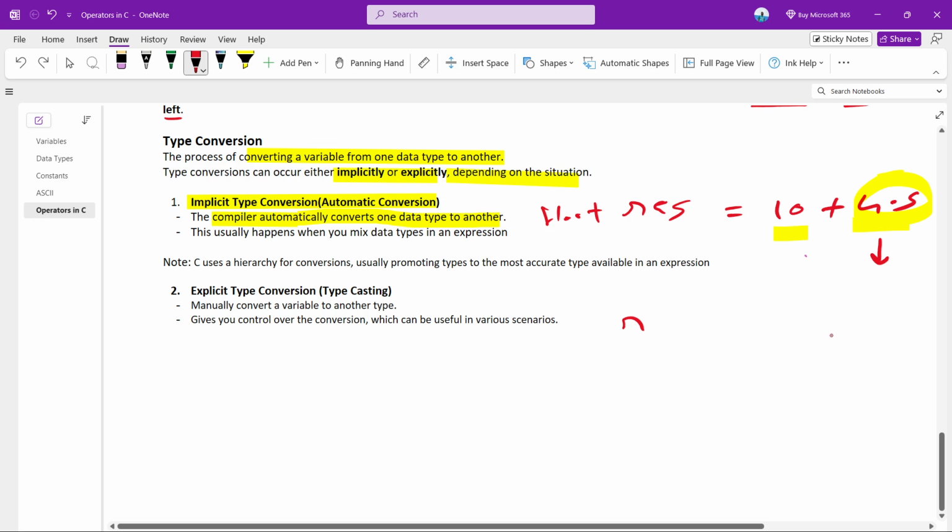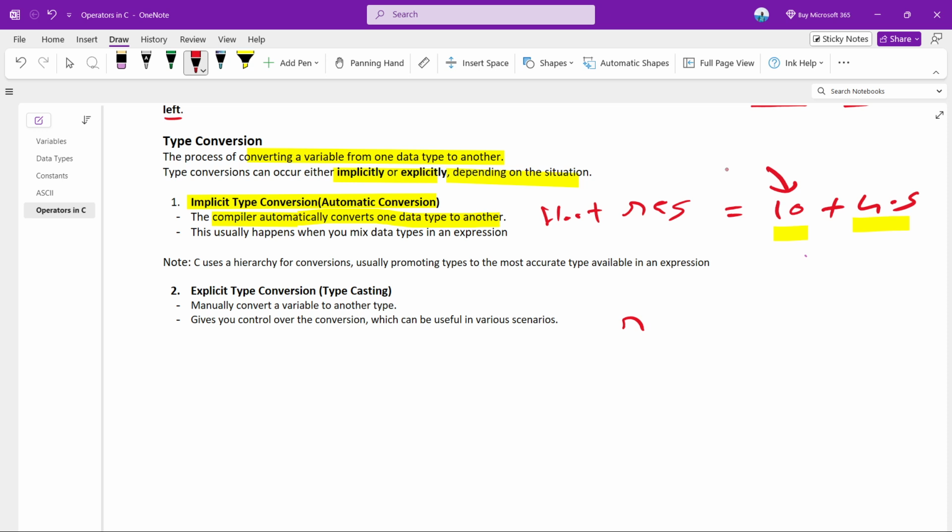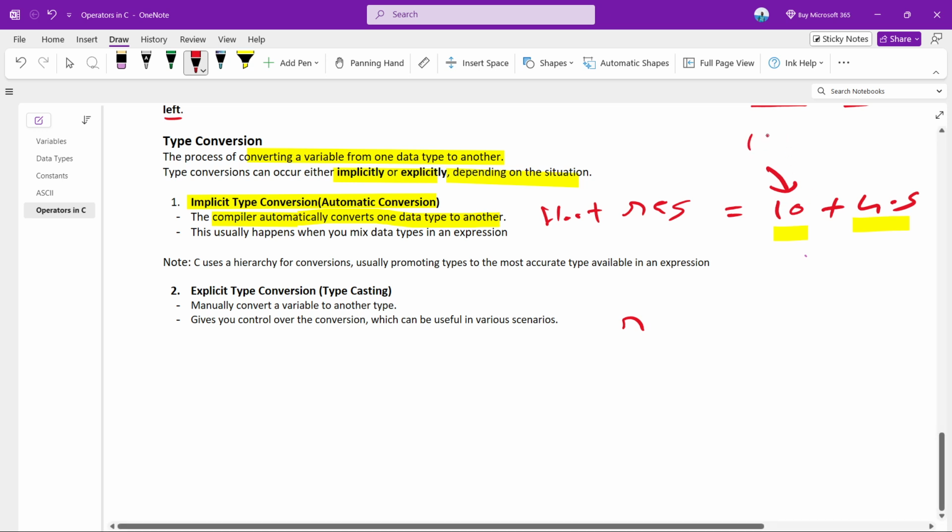So the compiler will automatically convert the integer value to a float value. Since 10 is an integer, it will convert the value 10 into 10.0, the float value, and my result will be 14.5, which is the correct and more accurate answer.